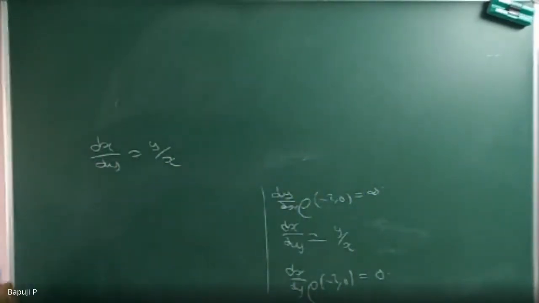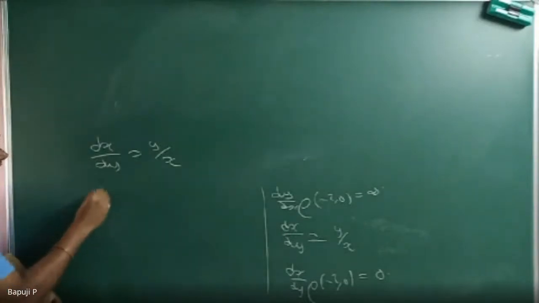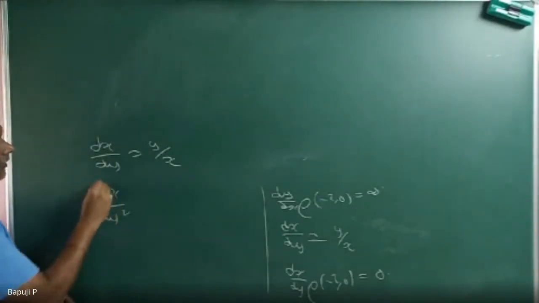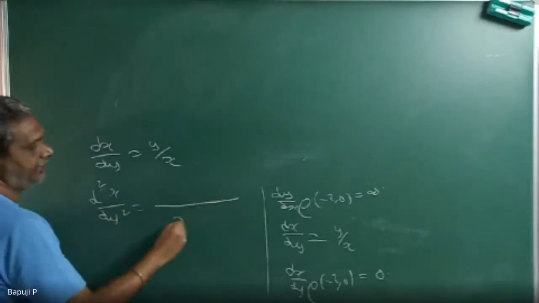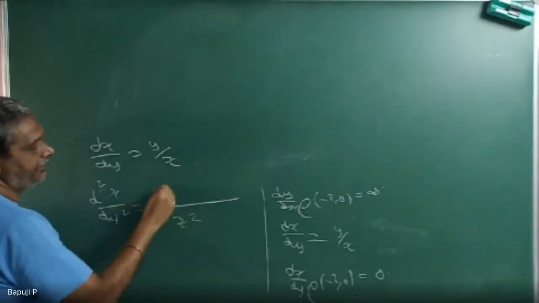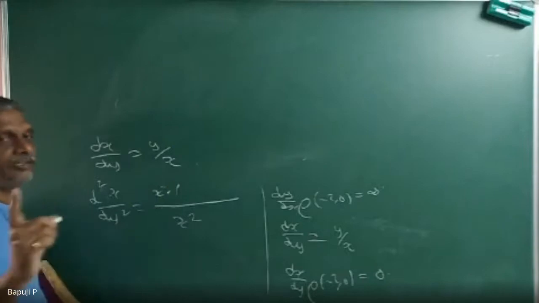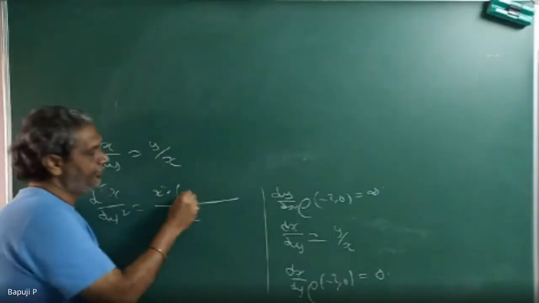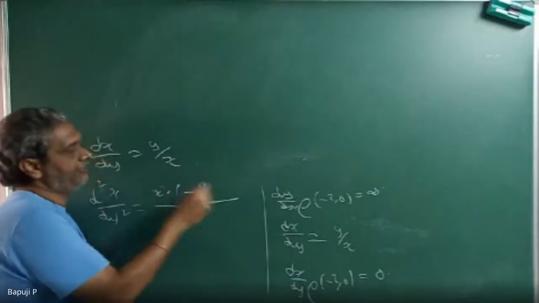Now differentiate. d square x by dy square is equal to denominator square, denominator into differentiation of numerator, y1, treating y as a function of x, minus numerator into differentiation of denominator, dx by dy.